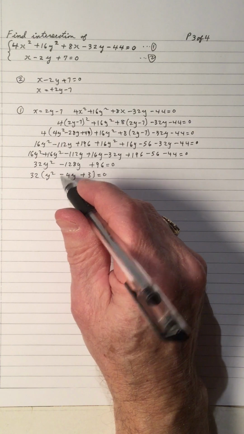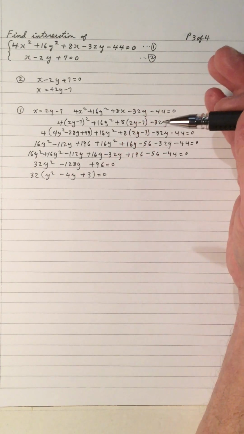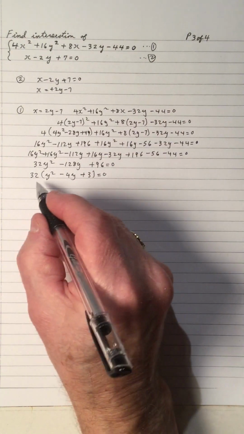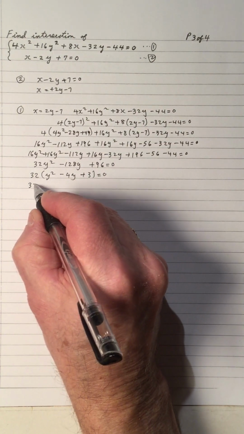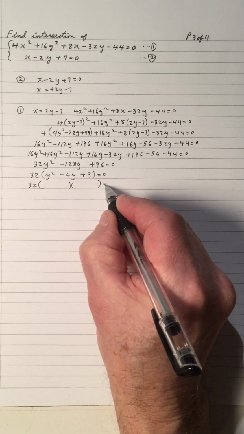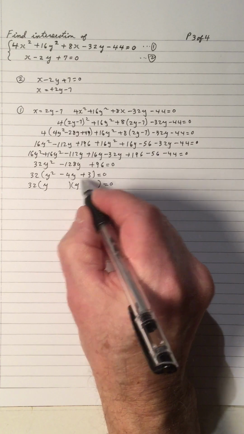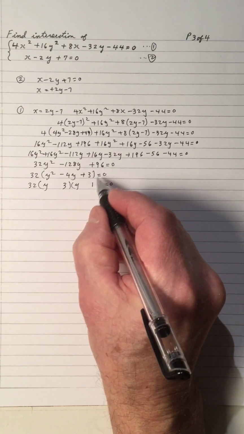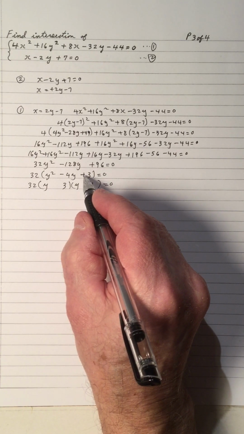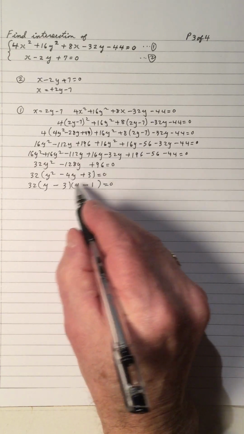If 32 wasn't a factor, then you have to check to see if 16 or 8 or 4 is a common factor. But since 32 is a factor, this is a quadratic, and hopefully it's factorable. Y squared is y and y. Factors of 3 are 3 and 1. Product is positive, sum is negative, so it's negative 3, negative 1.